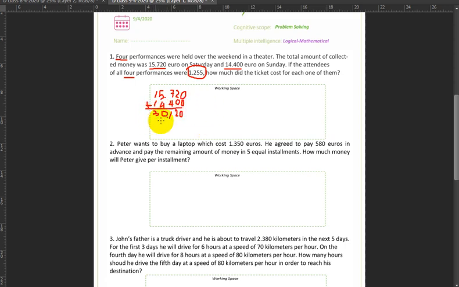And our result is 30,120. And now what we need to do is take this amount of money and divide it by the number of attendees. So 30,120 divided by 1,255.